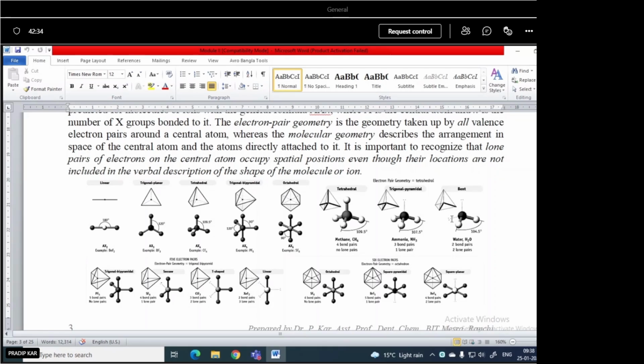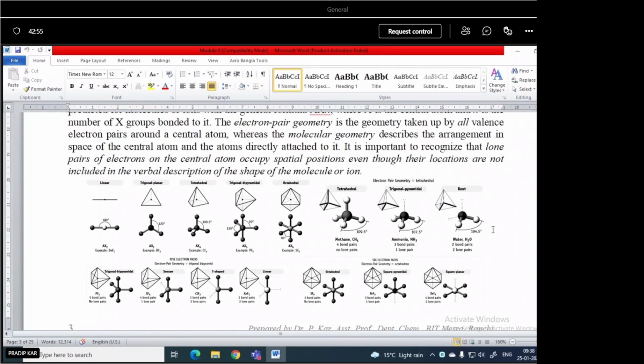Is it clear? Yes, sir. Okay. So depending on the number of lone pairs, we can explain the geometry from the VSEPR theory.